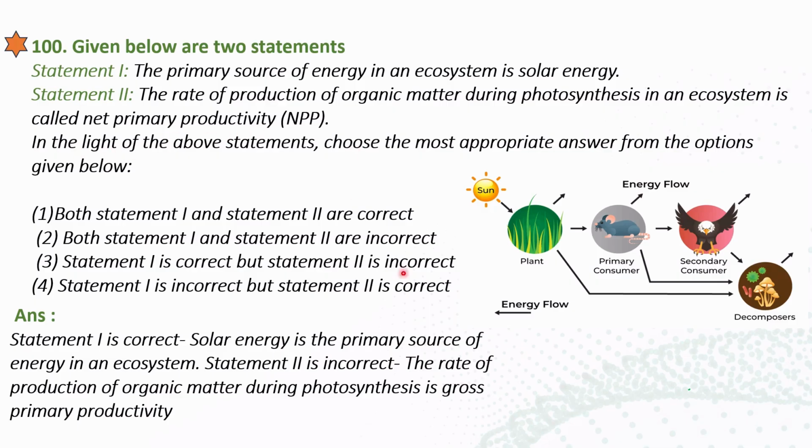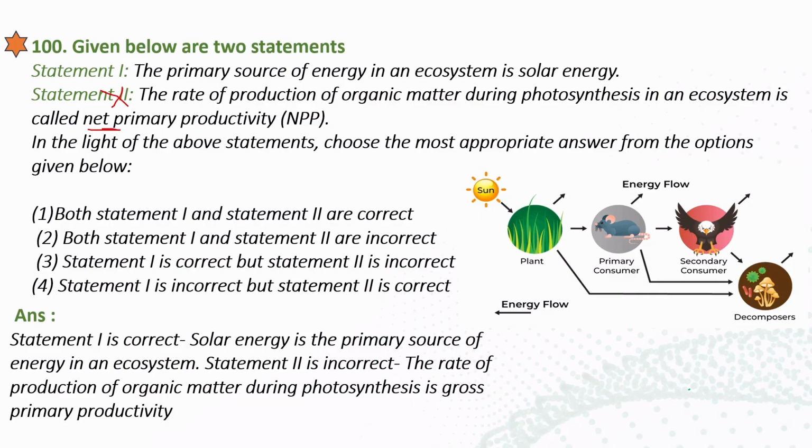You cannot say it is a net primary productivity. Why? Because it is known as gross primary productivity. Why? Because only the plants cannot synthesize the whole everything. Because some of them will come from the decomposers also, right? So that's why it is not the net primary productivity. Means here the statement 2 is wrong actually. It is known as gross primary productivity.